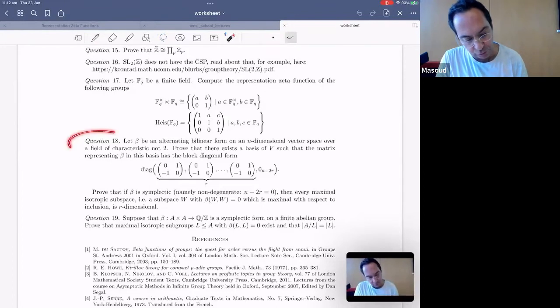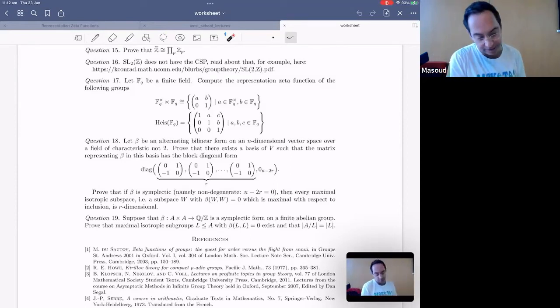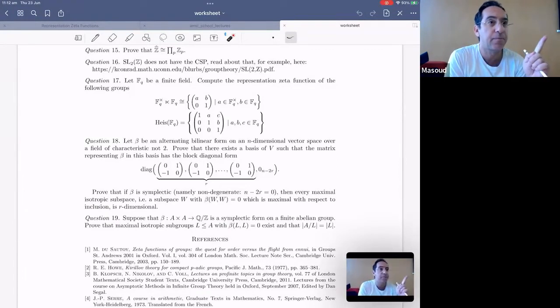I'm sure you've seen parts of that, and if you are fluent in symplectic forms, then you can move on to the next question. I'm trying to convince you to be fluent on symplectic forms on abelian groups. And if you want more challenges, you can go to non-abelian groups. You can find your way there. But the nice thing about symplectic forms is that there is only one symplectic form up to conjugation.